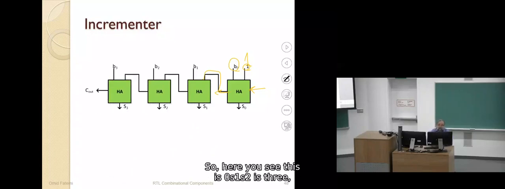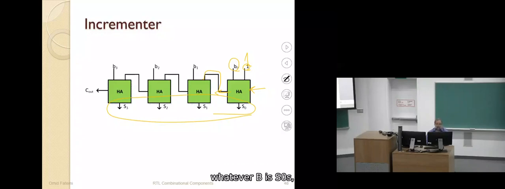Here you see S0, S1, S2, S3, they are 1 plus B, incrementing B. Whatever B is, S0, S1, S2, S3 is the increment of B, is B plus 1. And we might have also a carry out coming out. That is also a good circuit. That's a use of half adders, because you might ask, why do we have half adder? We can use it for incrementer.